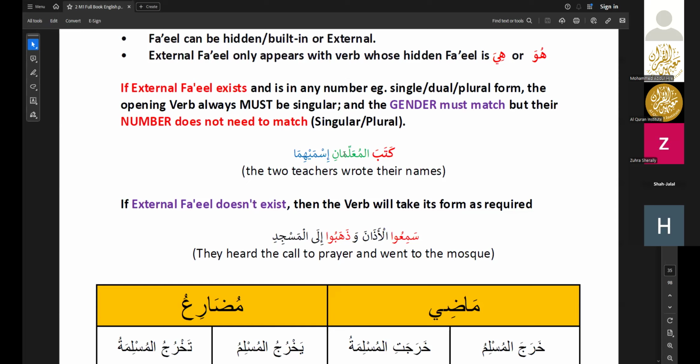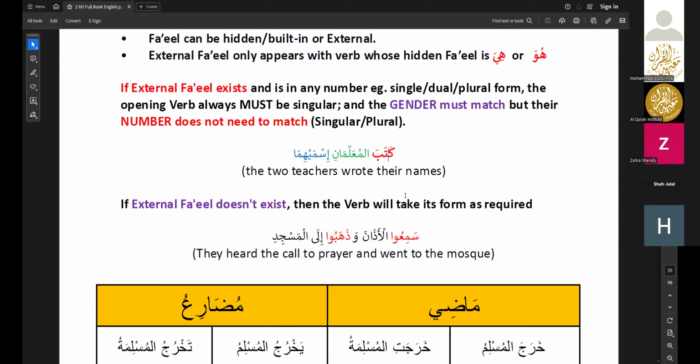So you said that the fi'l must always be singular, and the fa'il can be dual or plural. But now here I can see sami'u, it's plural.